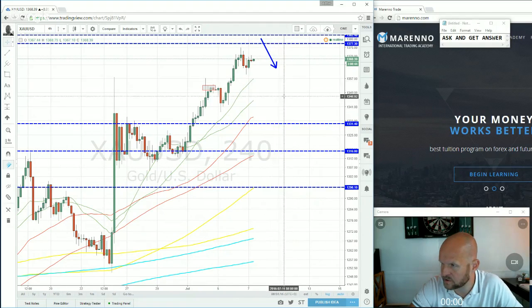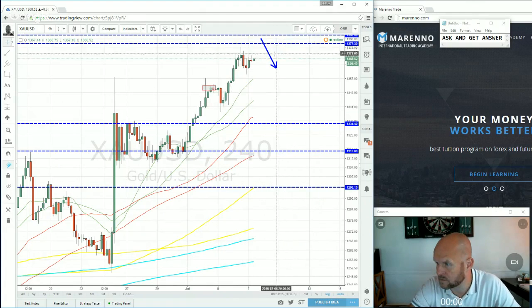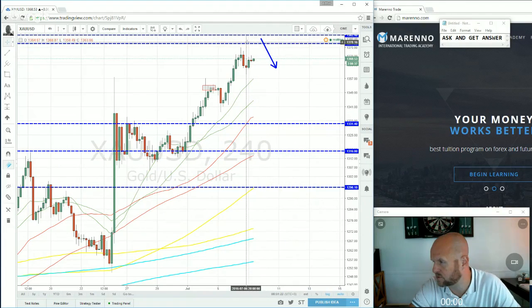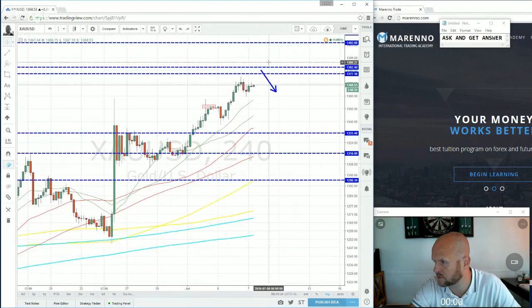So it will be a good sell. Risk reward will be good as well. That's what I'm waiting for. This level might be reached today, and then we'll see what happens: it will break through it or it will reverse.